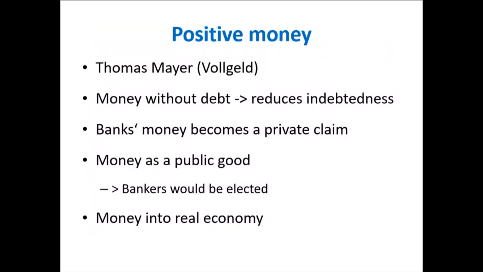Positive money, or Vollgeld in German, is another proposal by Thomas Meyer. Thomas Meyer used to be the chief economic officer of Deutsche Bank. So he was like the boss of Deutsche Bank, the biggest German bank and the most indebted bank in the world, I think. And later he started criticizing the way banks work and the way money is created.